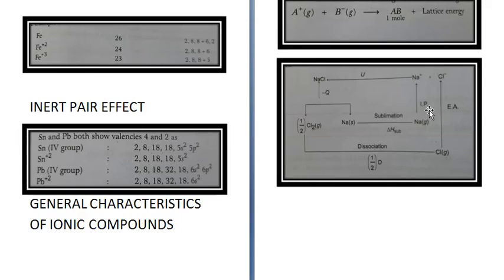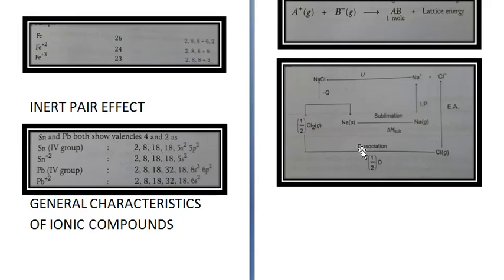Then next step, half mole of chlorine is dissociating into 1 mole of gaseous chlorine atom. So here we'll take half of the dissociation energy, that is, dissociation energy is 244 kilojoules per mole, so half of that we will take.